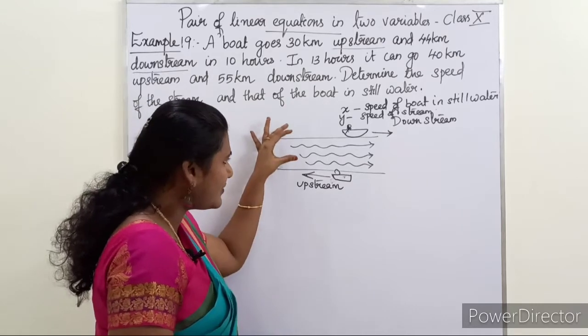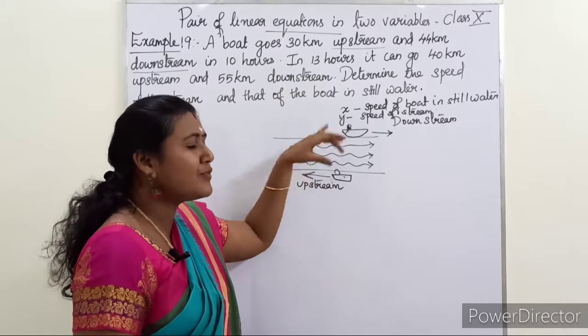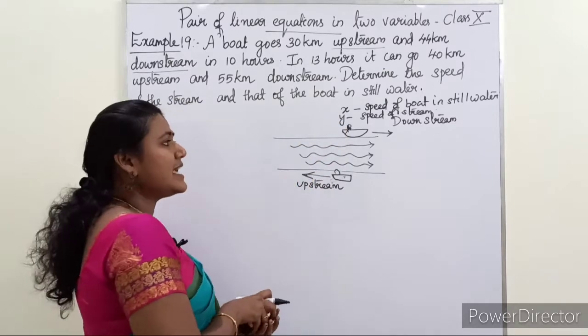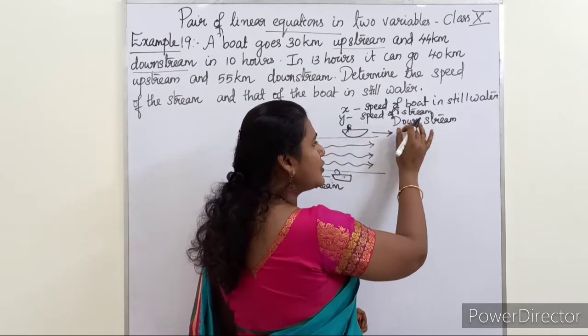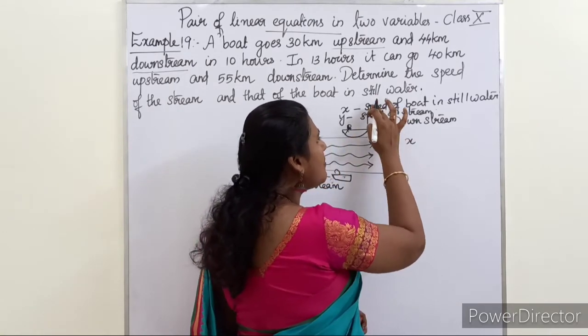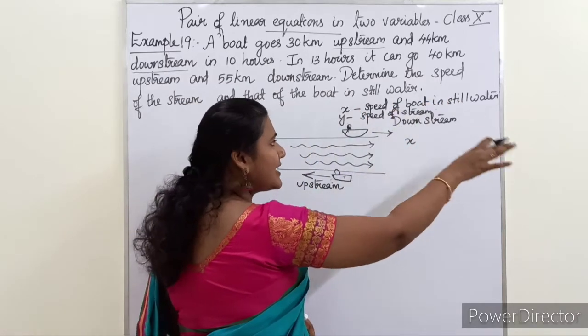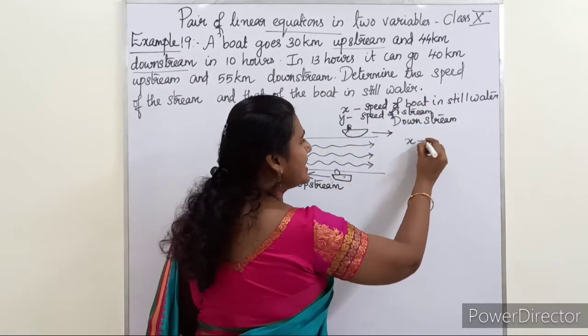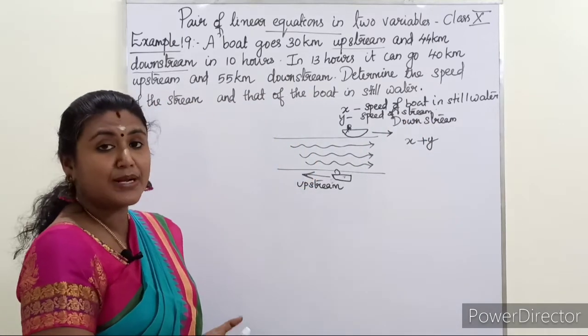Am I correct? So the effective speed downstream will be the sum of these two speeds, that is, speed of the boat in still water plus speed of the stream. That is, downstream, the speed of the boat is x plus y.